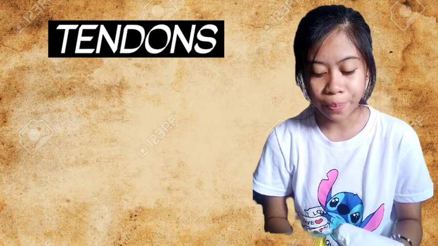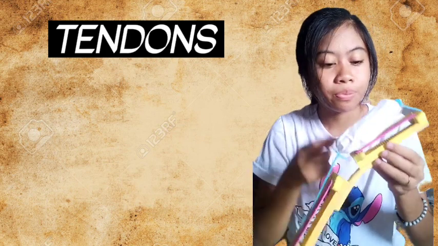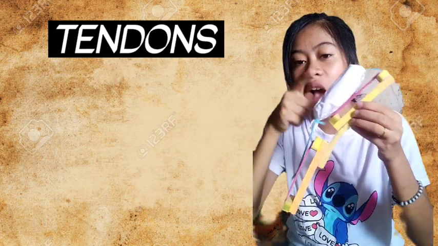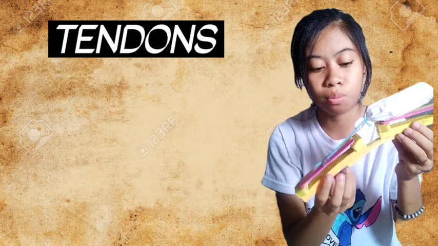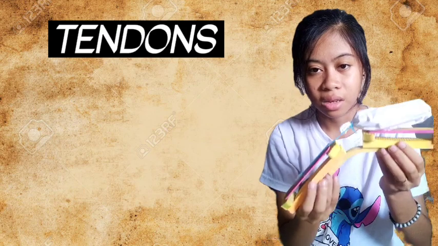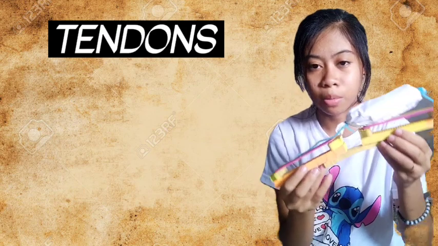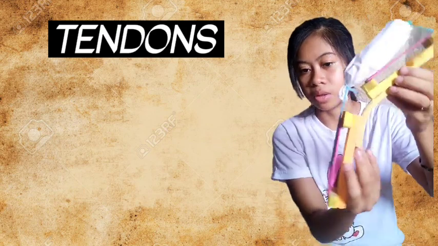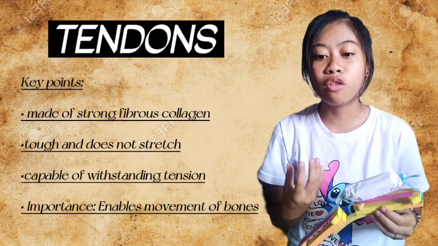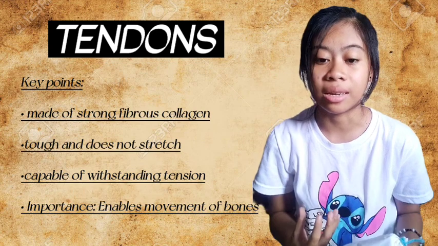So if this is our example, this is our bone and this is our muscle. The tendon moves like this. That is our example. Tendons are made of strong fibrous collagen.